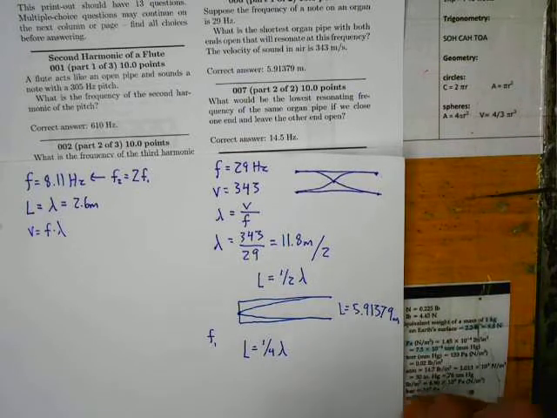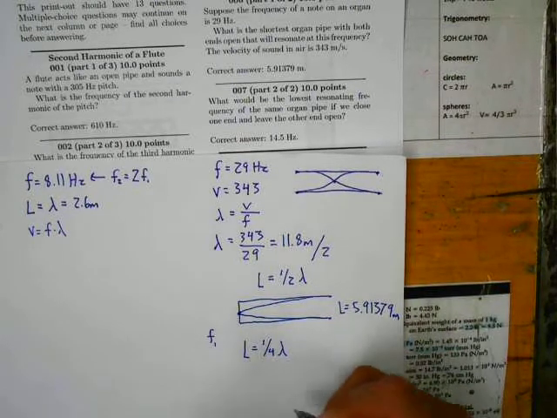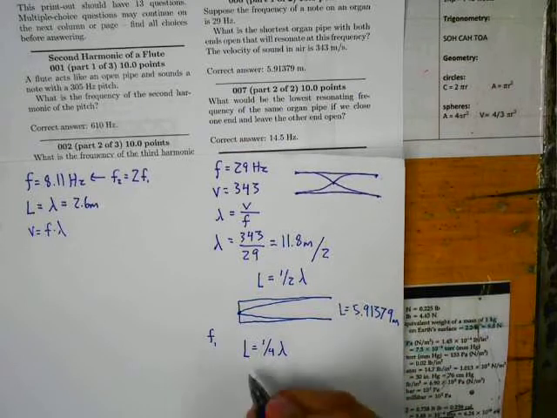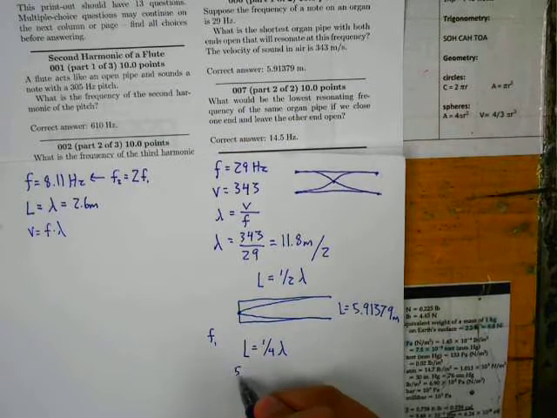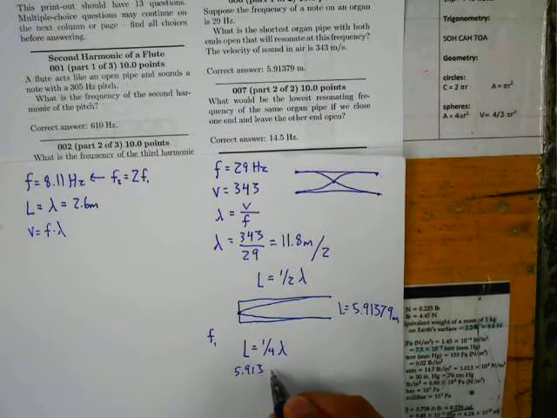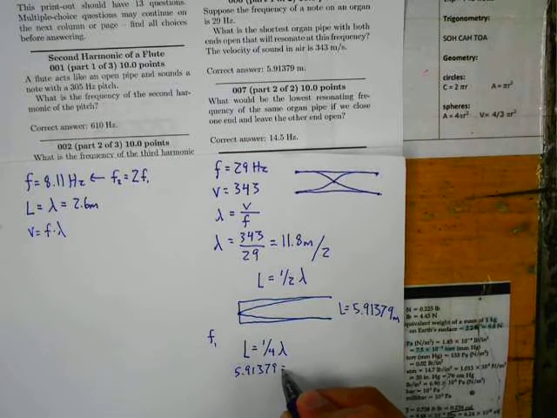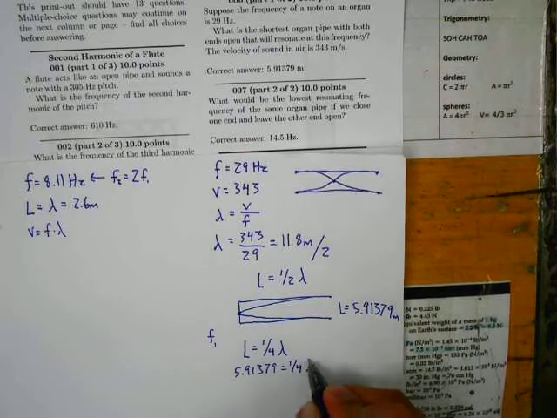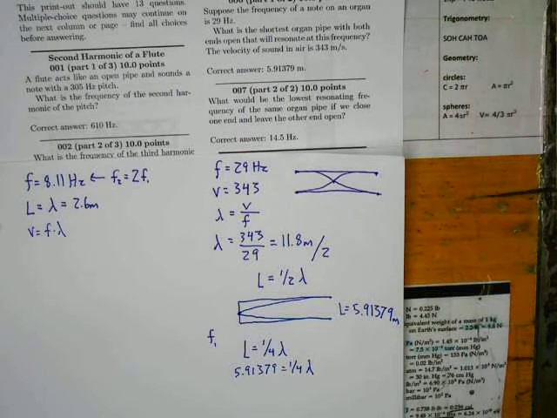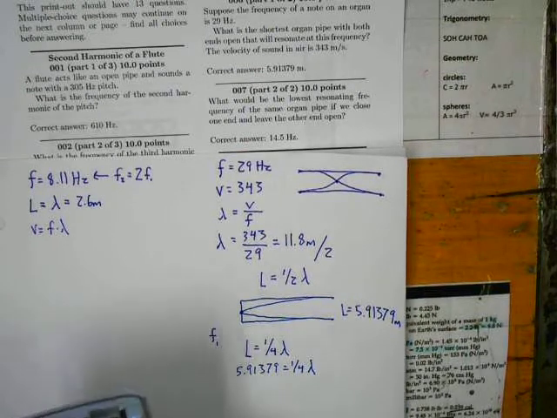Sorry. Okay, so we know length, so let's plug that in right here. 5.91379 equals 1/4 of a wave. And if I multiply, I get the wavelength. So let's do that.